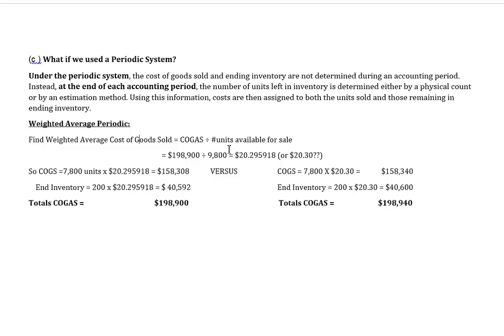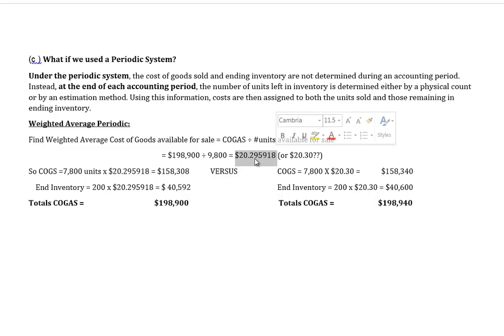So that's going to give me the unit cost that I'm going to apply to the 7,800 units that I sold and the 2,000 that I didn't. In fact, I just noticed maybe a little bit of a typo here. Weighted average cost of goods, that should probably be available for sale, just to make it a little bit clearer, right? And that's going to be this number.